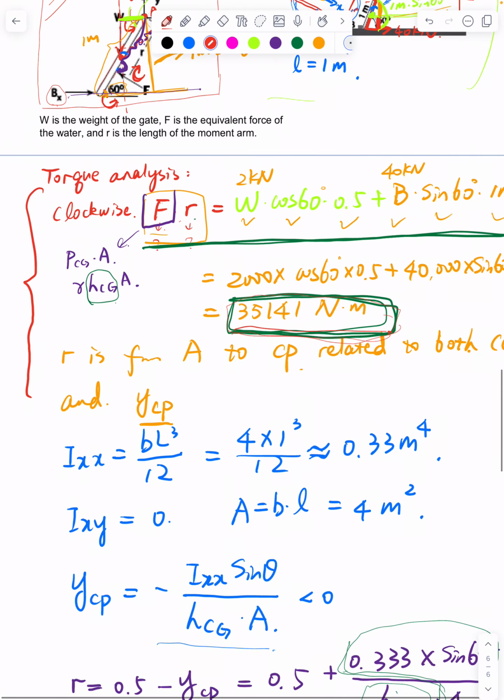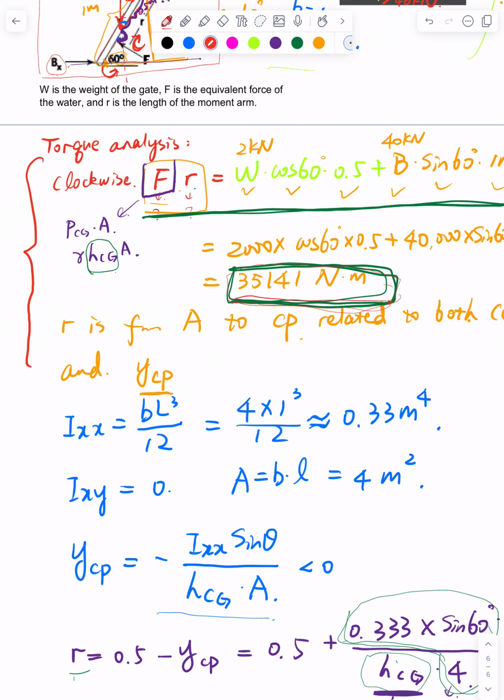So what we do next is we first try to find YCP so we can find R. From here to here is YCP to R, right?